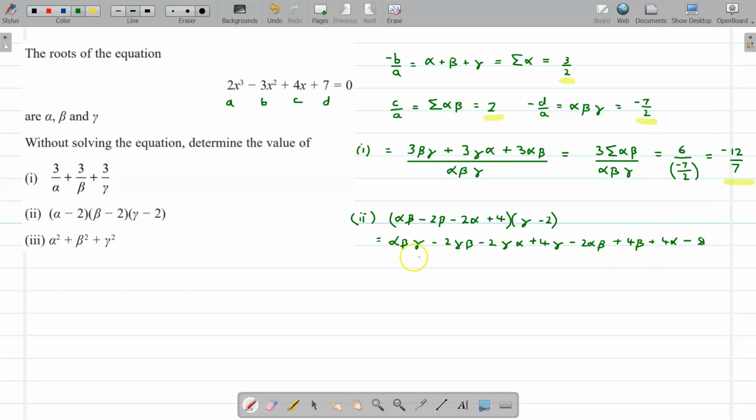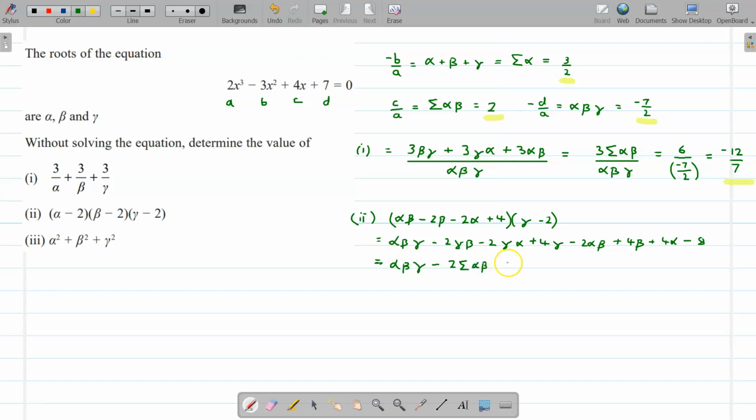Now that looks rather complicated, but actually you can see, if you look carefully, that you've got alpha beta gamma, which is the product of the roots. And if you then look, you can see that you've got minus 2 lots of the sum of the product pairs, which is simply shorthand like this.